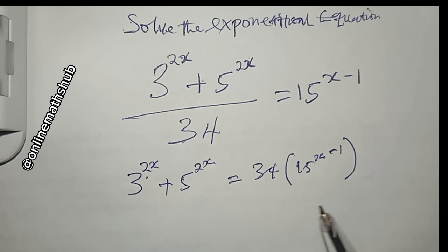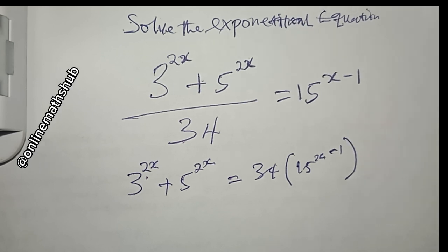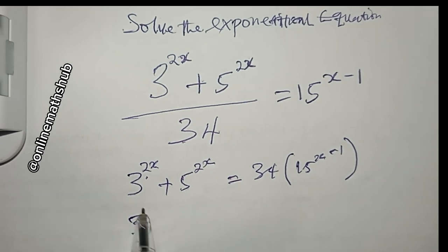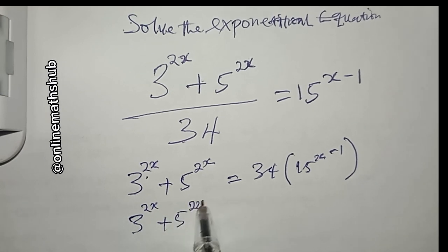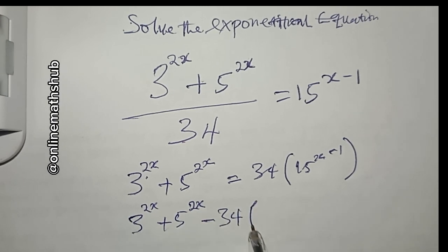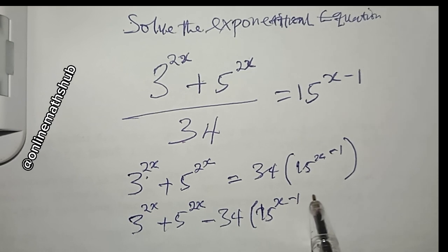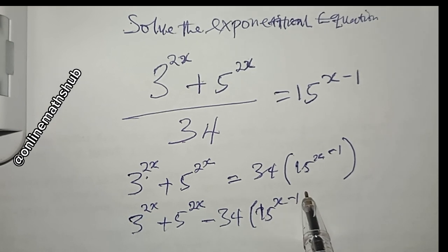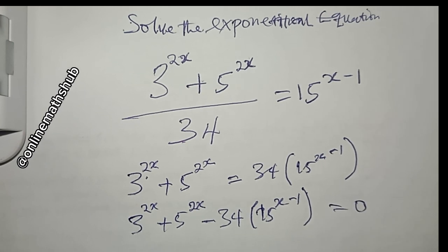Okay, so I'm going to bring this to this side, and if I do that, what I'm going to be having is 3^(2x) + 5^(2x) minus 34 into 15^(x-1), and of course it's equal to 0.